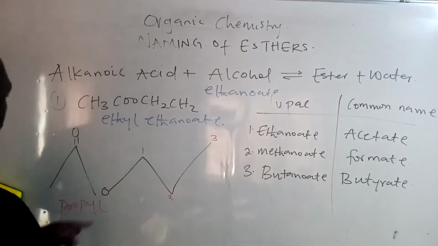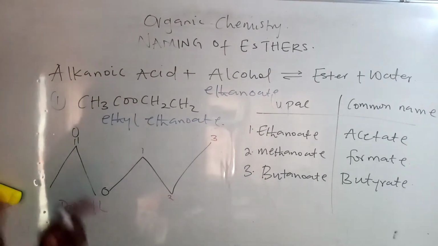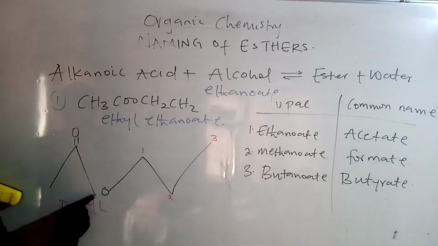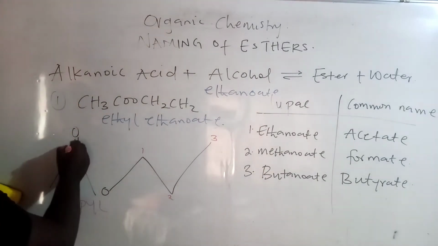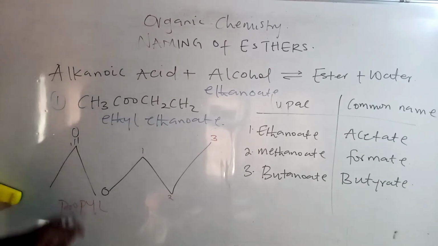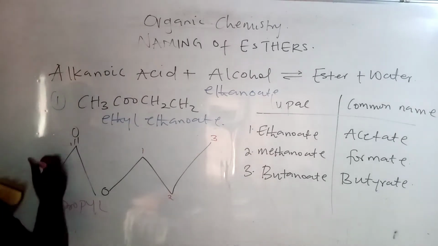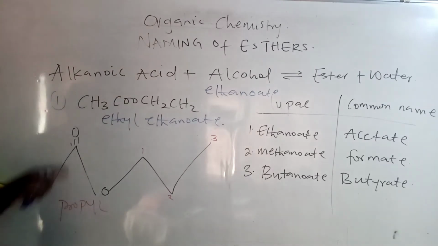Propyl. Now, we'll come back to this side. Be very careful in this. I will not name from this place. I will start from here. Remember, this is the functional group. Now, I will start from here. This is 1 and then 2. And this is 2 carbons. So this will give me what?